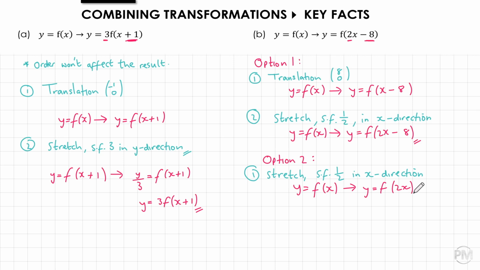So, you might initially think, because we've got a minus 8 up here, it would make sense to translate it by 8, 0. Let's have a look at the effect of applying that transformation. We've currently got y equals f of 2x, and we're going to replace x by x minus 8.